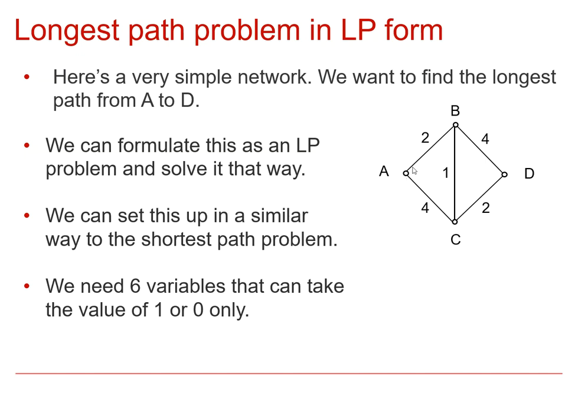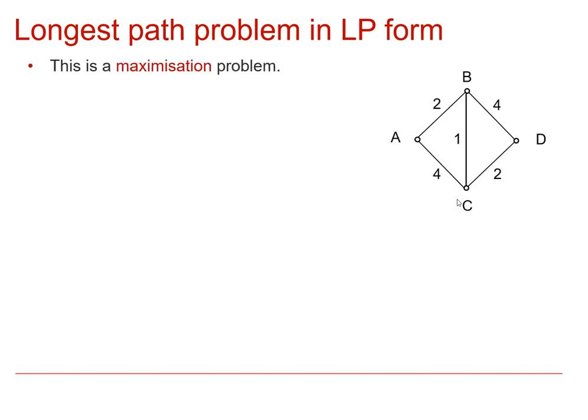So the arcs that leave A and the arcs that arrive at D could only ever be traversed one way, but this arc BC or CB might be reversed in either of those two directions. That makes a total of 6 variables, and they can only take values of 0 or 1. In other words, they are either included in the path or they are not.